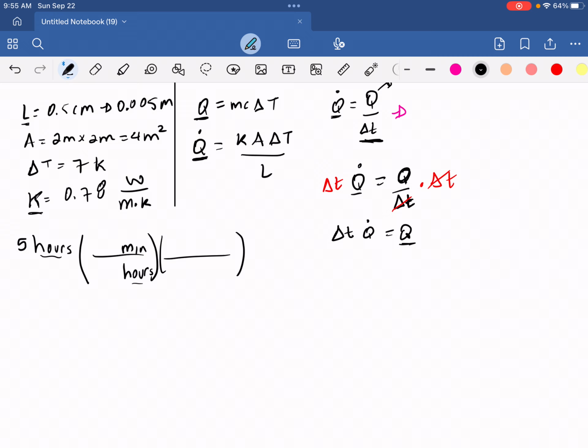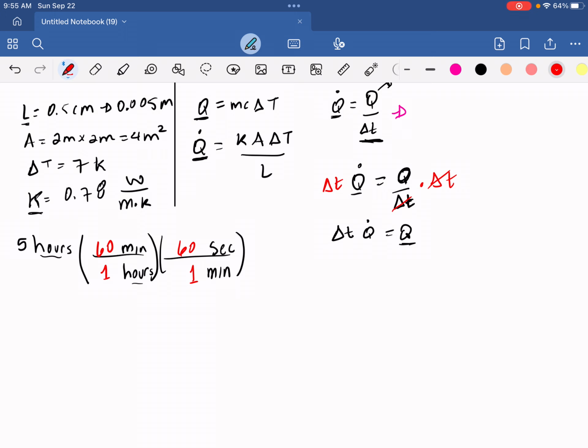I know that I have 60 minutes in 1 hour. Now I want to go from minutes to seconds, so I need to put minutes on the denominator and seconds on the top. I also know that I have 60 seconds in 1 minute.